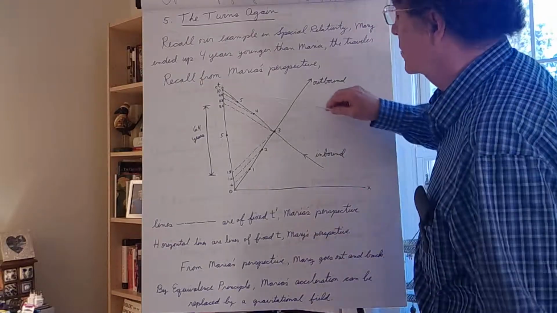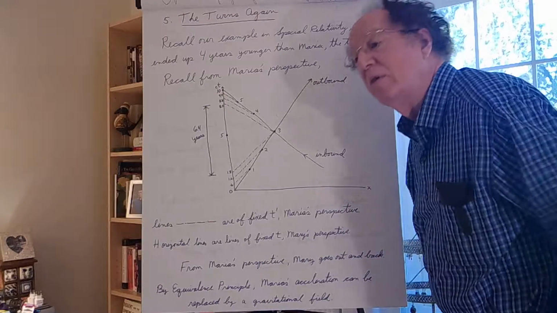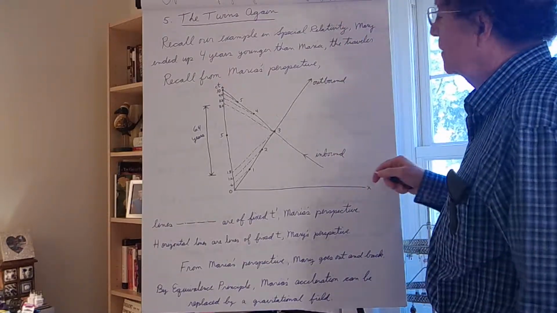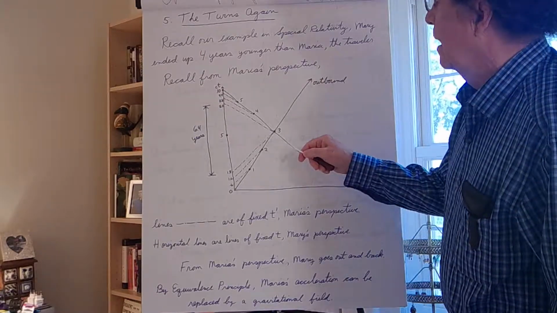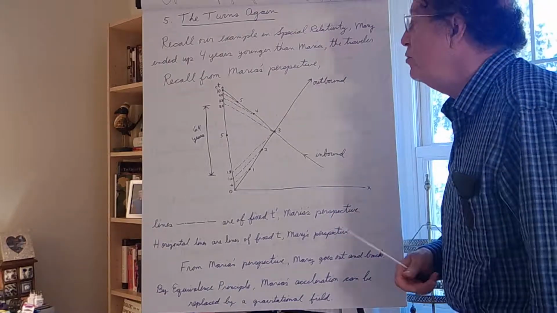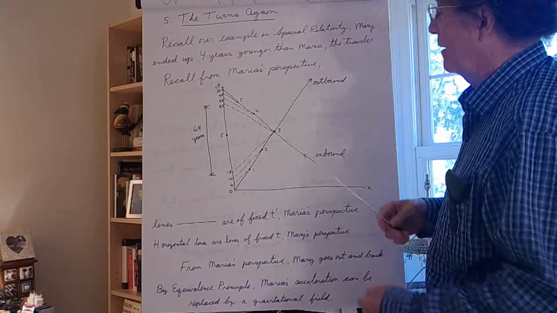But from Maria's perspective, a great change has happened in the turnaround, in that period where there was acceleration, where she goes from a velocity of plus v to minus v. And in that period, Mary has aged 6.4 years. That brings in the asymmetry, and that explains the twin paradox.